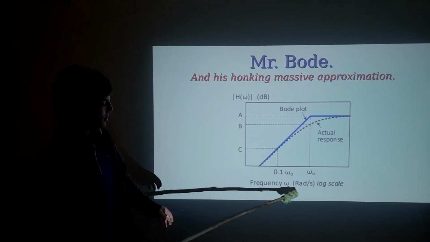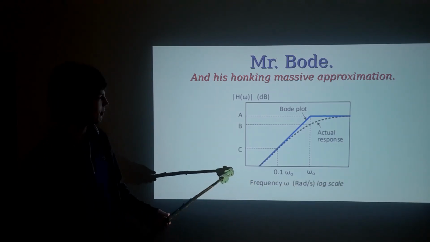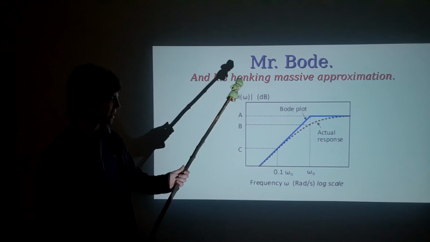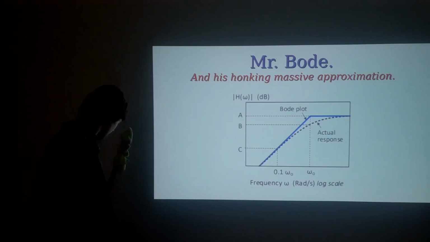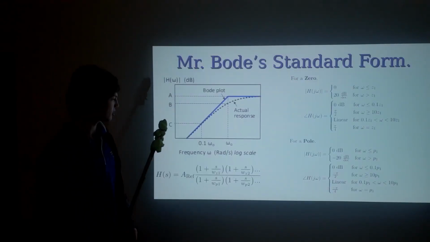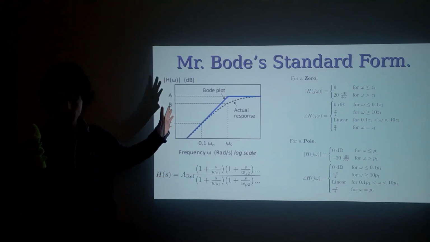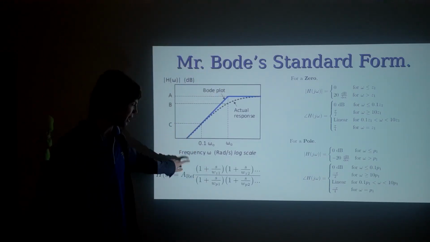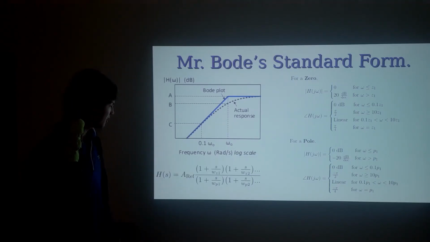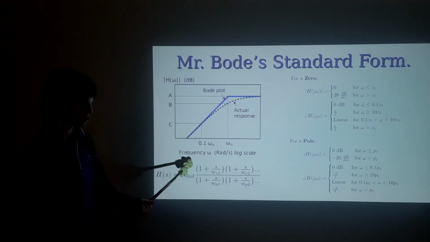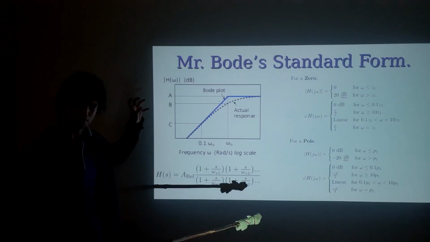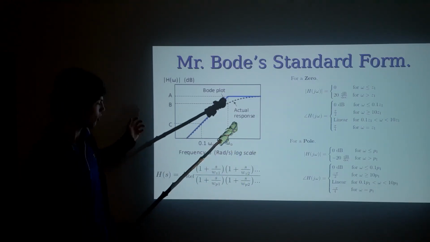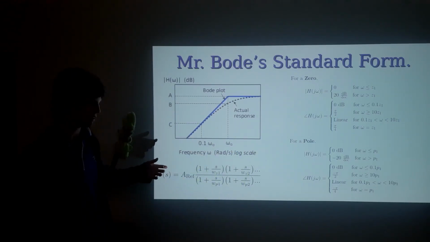We've got a logarithmic scale of angular frequency, and we've got a logarithmic scale of our magnitude in decibels. And what we do from there is we essentially take our big transfer function, the big whole thing I showed before, and we do some algebra to get it into this format. A_ref is just the constant out the front, amplitude reference it stands for, or analog reference, whichever you prefer.